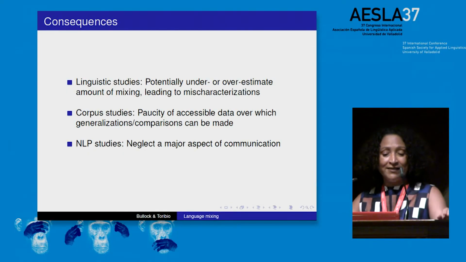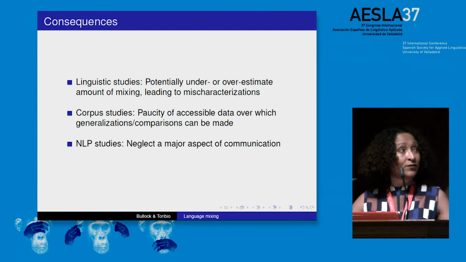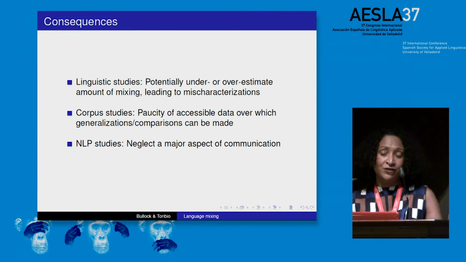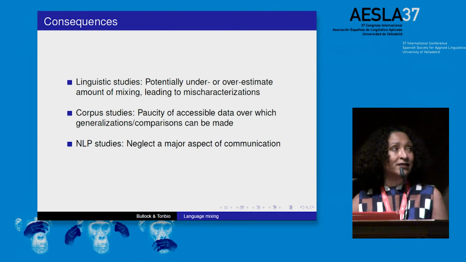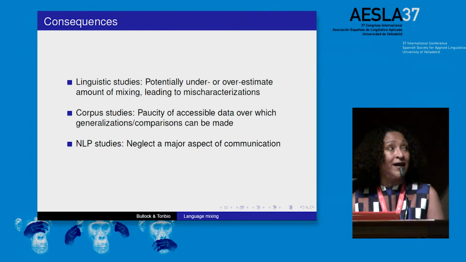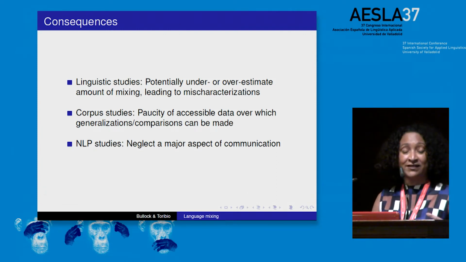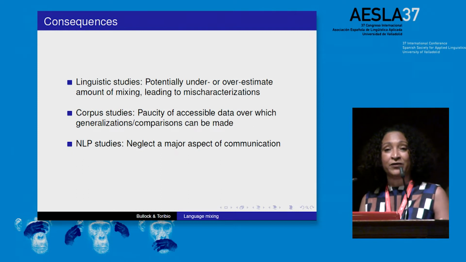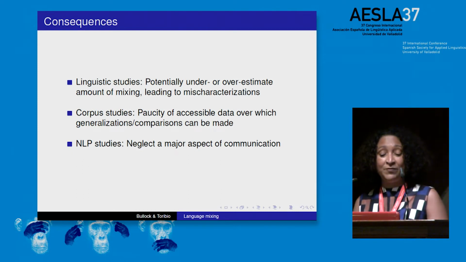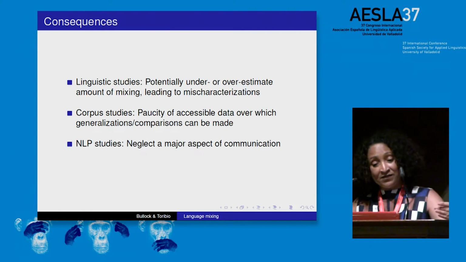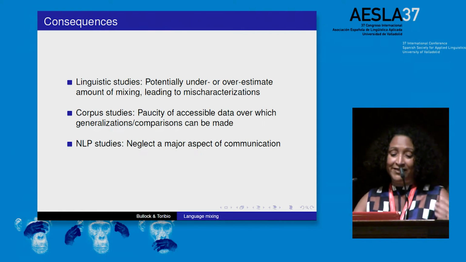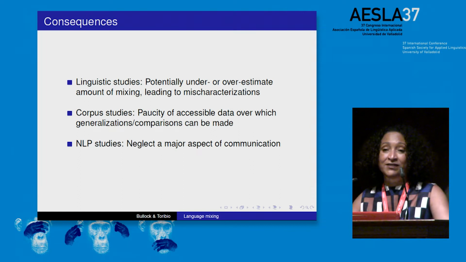The consequence here is that for linguistic studies, we have a tendency to under or overestimate the amount of mixing, right? Which leads to a mischaracterization of mixing patterns for individuals, for communities, for particular language pairings and typologies. In corpus studies, there's this paucity of accessible data over which generalizations can be made.